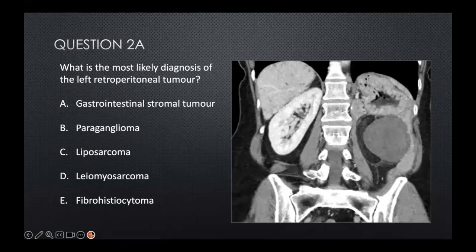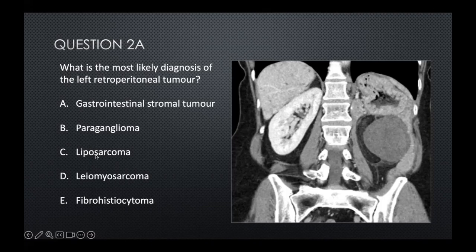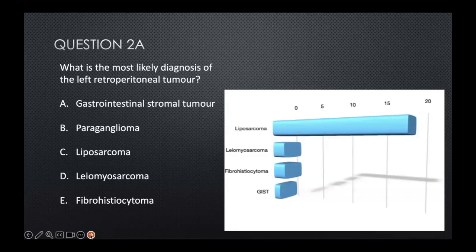We asked the question, what is the most likely diagnosis of this left retroperitoneal tumor? It is perhaps a little bit unfair to be asking the audience in a liver-focused webinar, but this is a general knowledge question. We gave the choices of gastrointestinal stromal tumor, paraganglioma, liposarcoma, leiomyosarcoma, and fibrohistiocytic sarcoma.